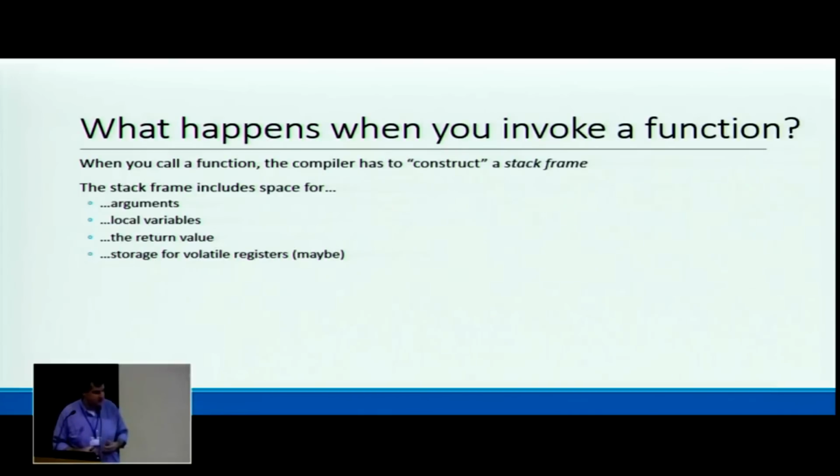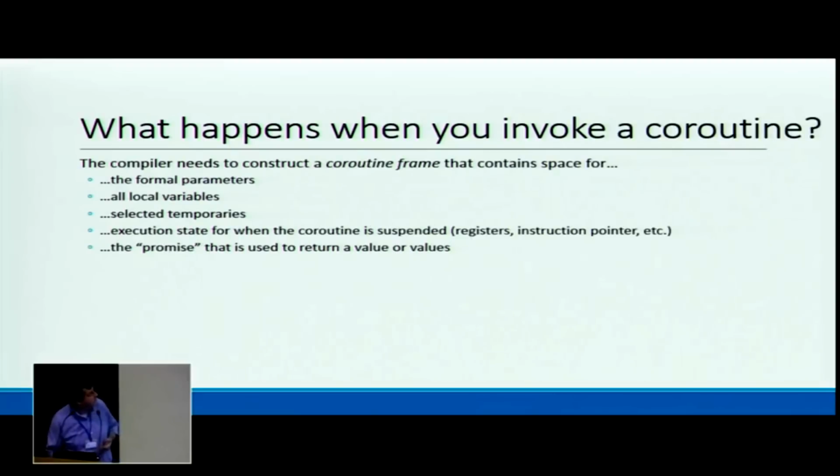It has to have space on the stack for the arguments and the local variables and the return value, and storage for any volatile registers if you make function calls. And so the compiler will generate code that knows where all these things are on the stack so it can find them later. And when you invoke a coroutine, it's going to do the exact same thing.